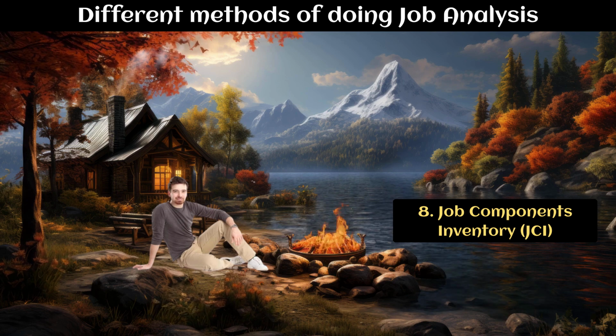Analysts create an inventory of various components of jobs, such as physical demands, equipment used, work context, interpersonal interactions, and cognitive requirements. Information is collected through interviews, surveys, or observations to understand how these components contribute to job performance.